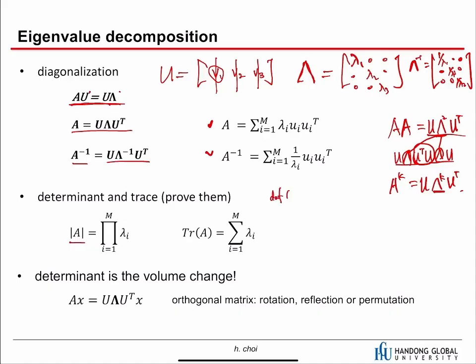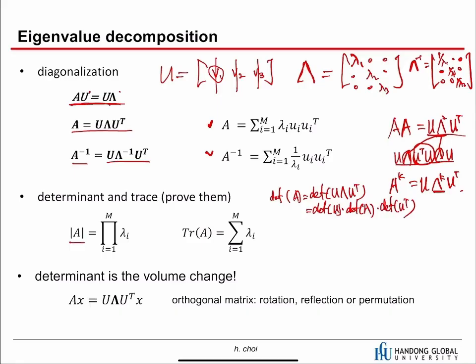Determinant of A is determinant of U lambda U transpose, which is determinant of U times determinant of lambda times determinant of U transpose.